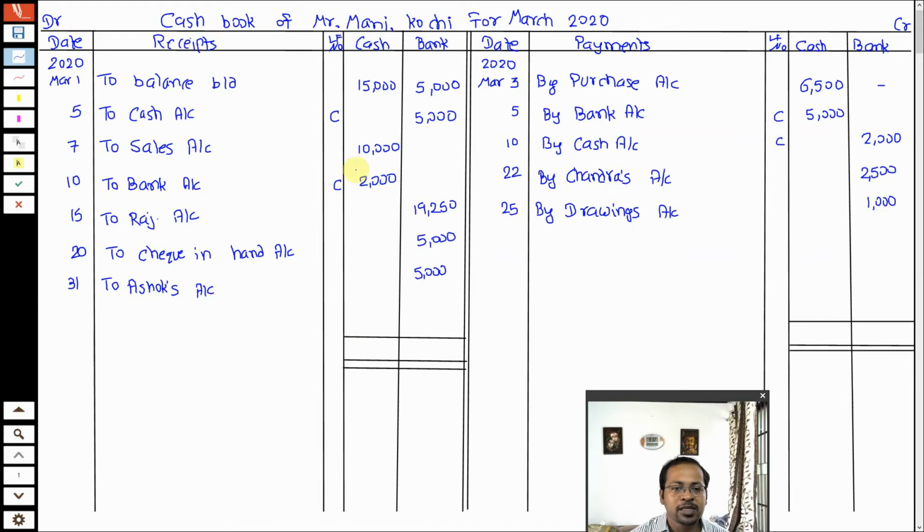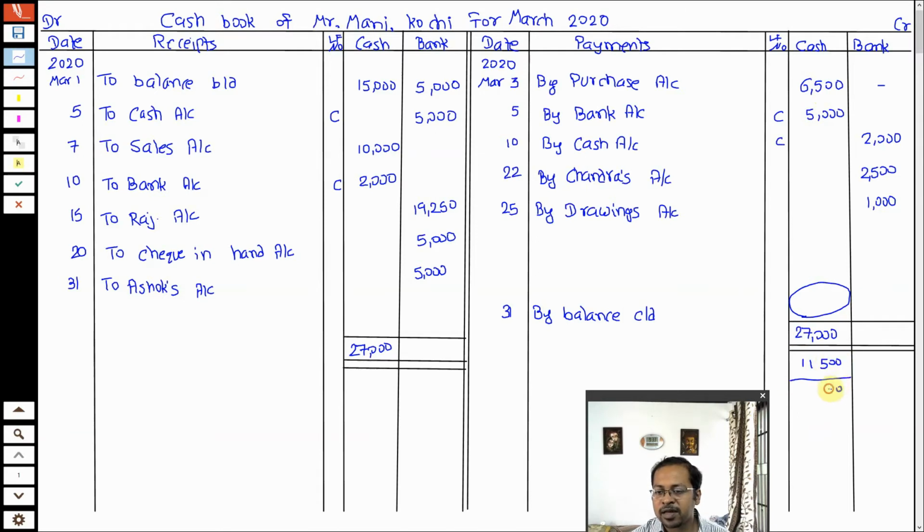So 15 plus 10, 25 plus 2, 27,000. Same amount I will write here, 27,000. And March 31 I will get closing balance, and I will write by balance carried down, and from this I will minus total of credit, which is 11,500.